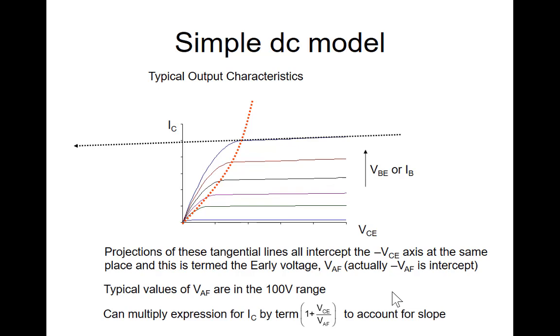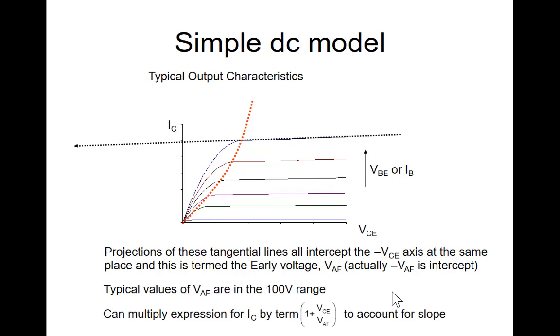If you look at the device operating in the forward active region, we actually see a little bit of slope here. And we saw that slope in the MOS transistor as well. Well, the bipolar transistor was around first, and there was a guy named Mr. Early that discovered the effect of that slope. And he observed that effect in the bipolar transistor, not the MOS transistor.